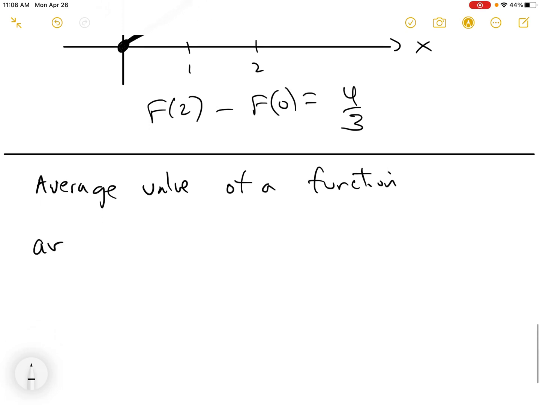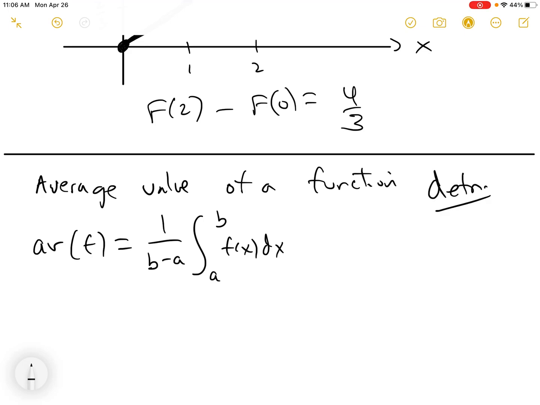And so you write AV of f, and if you take the integral from a to b of some function f of x, and you divide it by the length of the interval you integrate over, then you get what's called the average value. Okay, and this is a definition. So the average value of a function is a mean of function values.